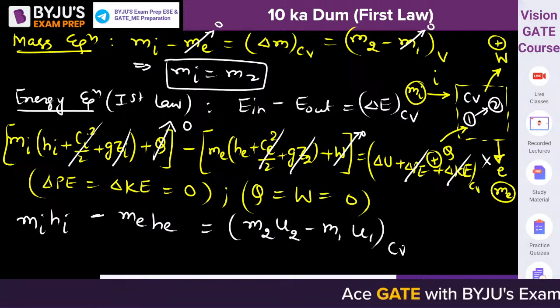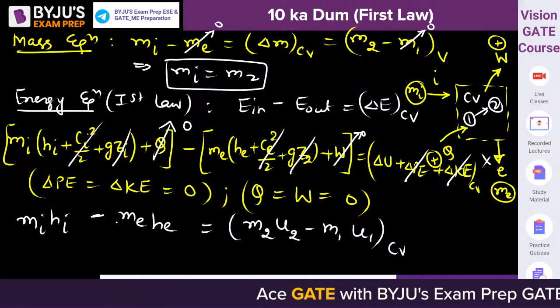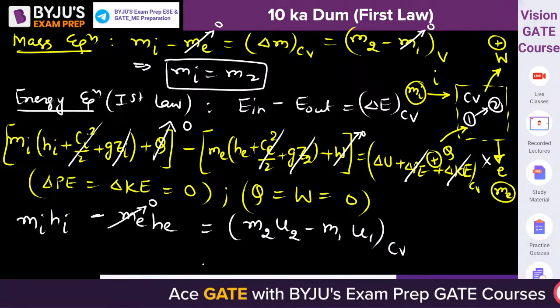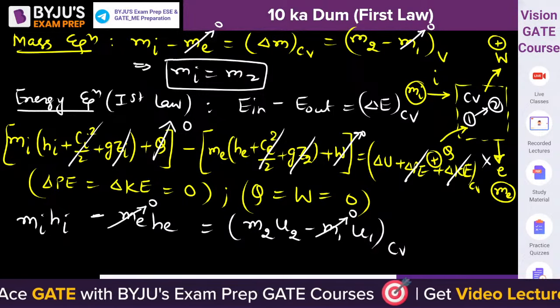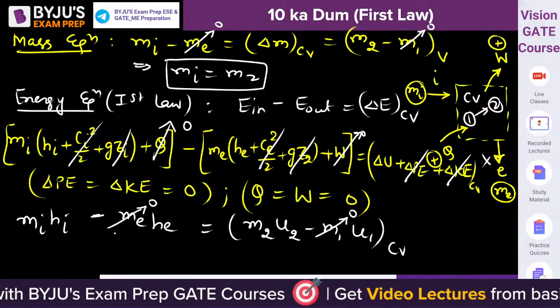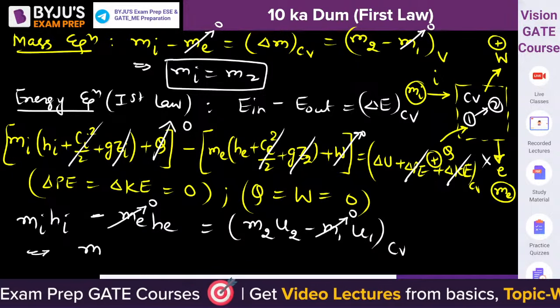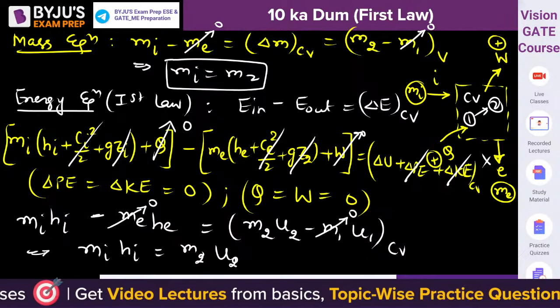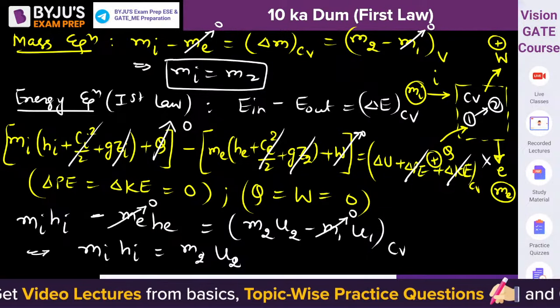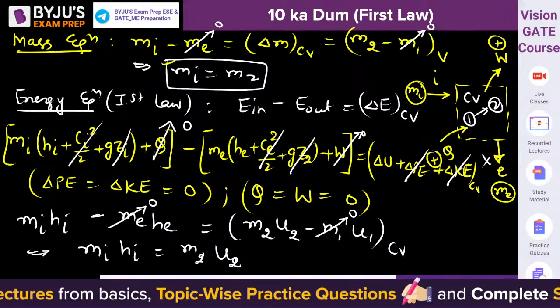In the control volume 2 minus 1, because there is no outlet and the system is initially evacuated. So the expression will be Mi into Hi is equal to M2U2. U is the specific internal energy, and we have already proved that Mi is equal to M2.